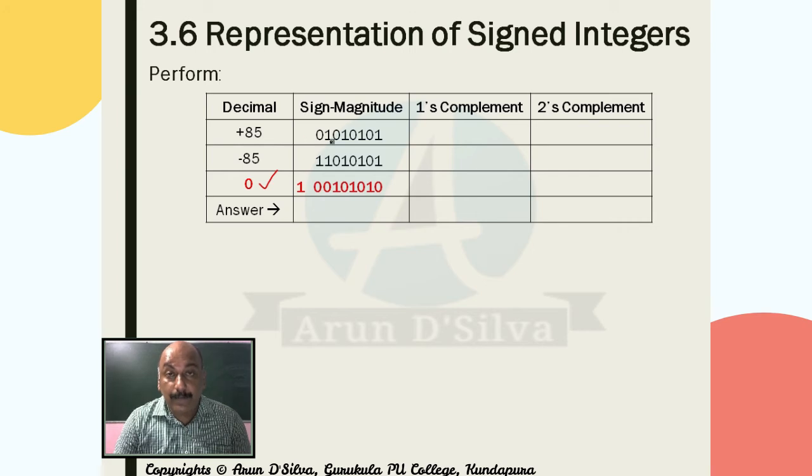Now, in case you are going for the sign magnitude method, 85 as a positive number is represented this way. The start bit is 0, that means positive, then 1 0 1 0 1 0 1. The negative number is represented as we saw in the last lines. How I got that: go back, rewind the video a little, and you can see how it is represented in sign magnitude.